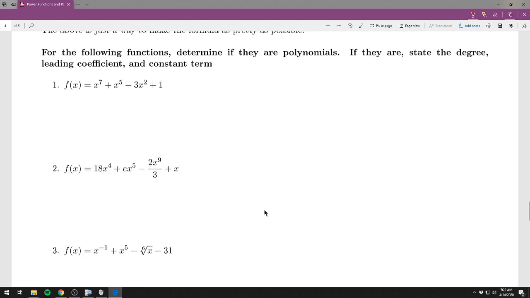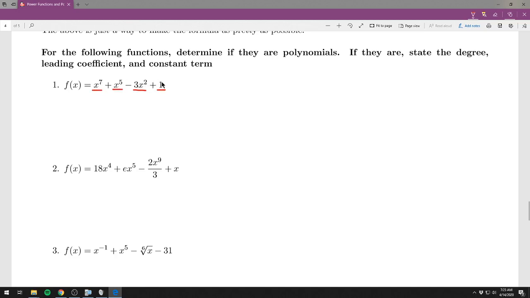So we've got a couple examples here. It says, for the following functions, determine if they are polynomials. If they are, state the degree, leading coefficient, and constant term. So one thing we want to look at is, is every single one of these a power function? And the answer to that is yes. All the x's are raised to positive whole number powers.